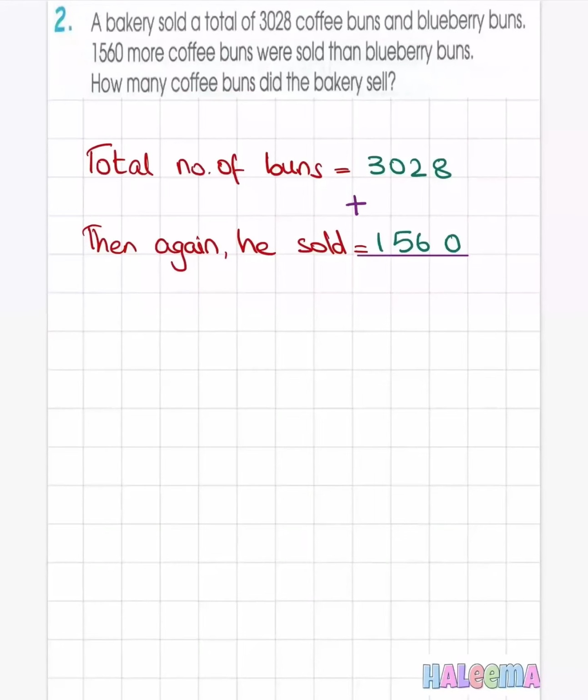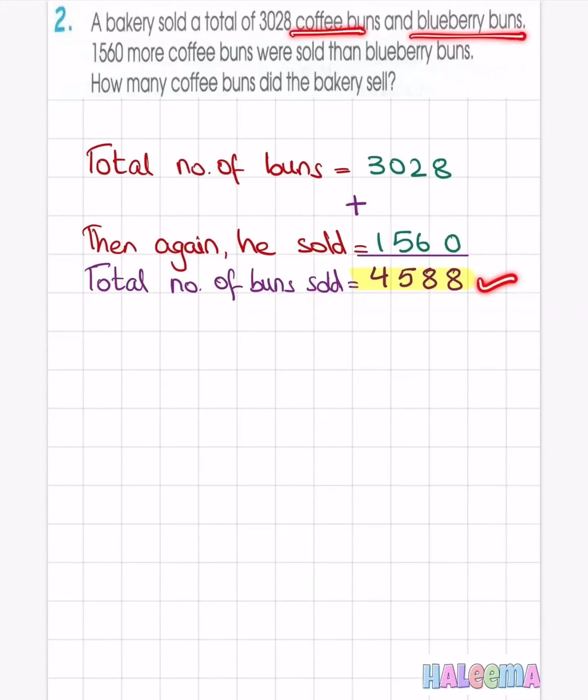Let's do it together. Let's solve in the ones place first. 8 plus 0 is 8. 2 plus 6 is 8. 0 plus 5 is 5. And 3 plus 1 is 4. So here we have 4,588. So now we have the total number of buns sold, right? Remember, half of this is coffee buns and half is blueberry buns.